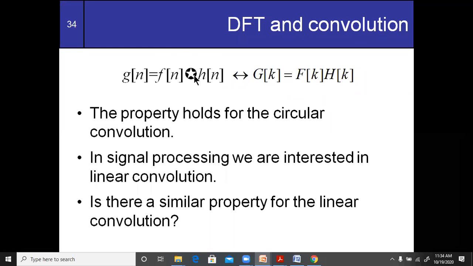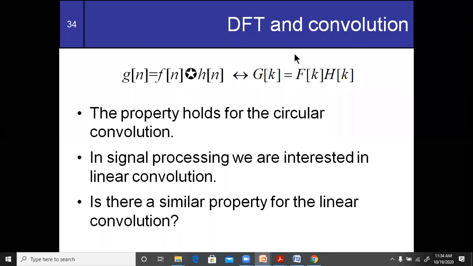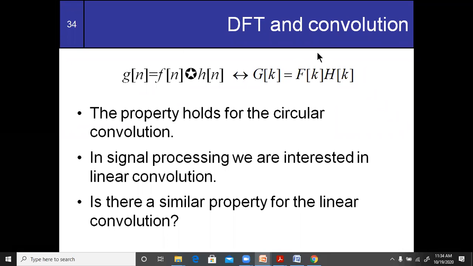So circular convolution in the n domain is the same thing as multiplication in the frequency domain. This is the spatial domain, and this is the frequency domain. So circular convolution in the spatial domain is nothing but multiplication in the frequency domain. The property holds for circular convolution, but not for linear convolution. In signal processing, we are interested in linear convolution, not in circular convolution.